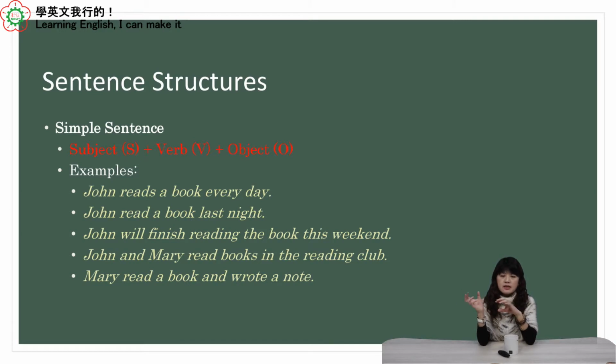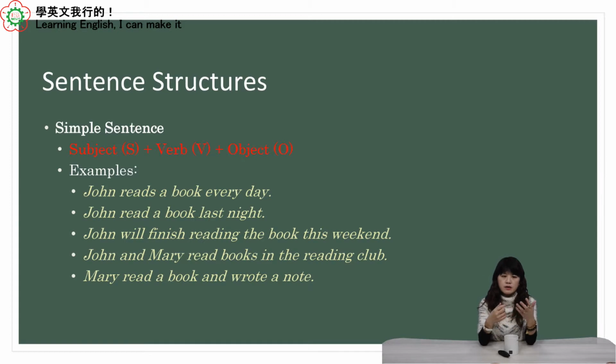We just add the time phrase to our sentence. However, in English, the verb form does change. Here, John read a book last night, because what he did happened last night, in the past, so the verb changes from reads to read.